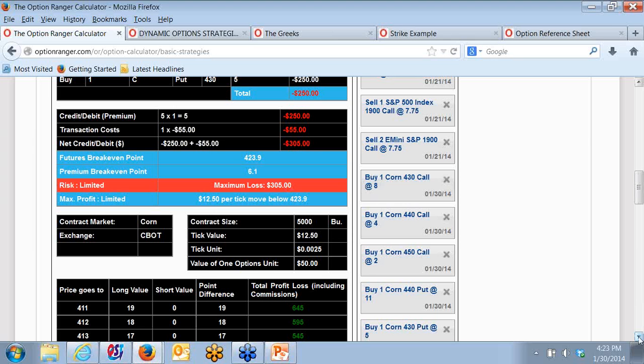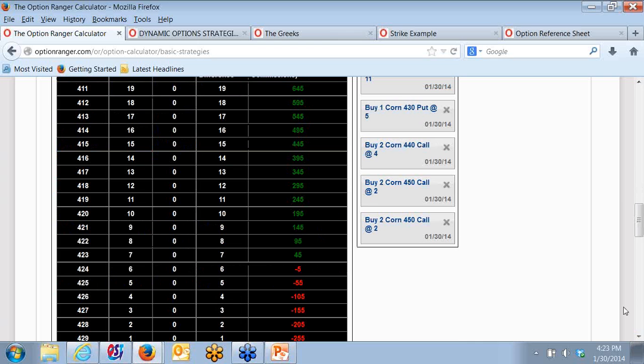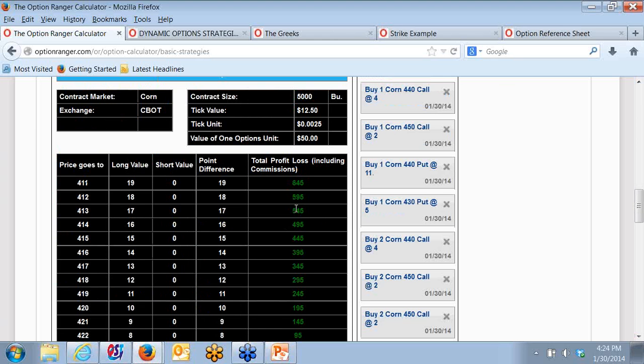They need a larger move to break even. But on a percentage basis, if they get their drop to 410, or some of the more in-between numbers, their percentage returns are better, but the move that they need in order to become profitable is larger. And the same would be the case. The farther out of the money the put buyer goes, the larger move he would need.